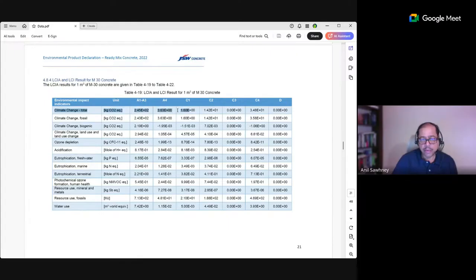GWP A1 to A4 is highlighted here. So you can see the value of A1, A2, A3 emissions. You have 50 cubic meters, so you're going to multiply. Similarly, for A4, you have the value for 1 cubic meter, you're going to multiply again. So that's how module A is generally calculated.